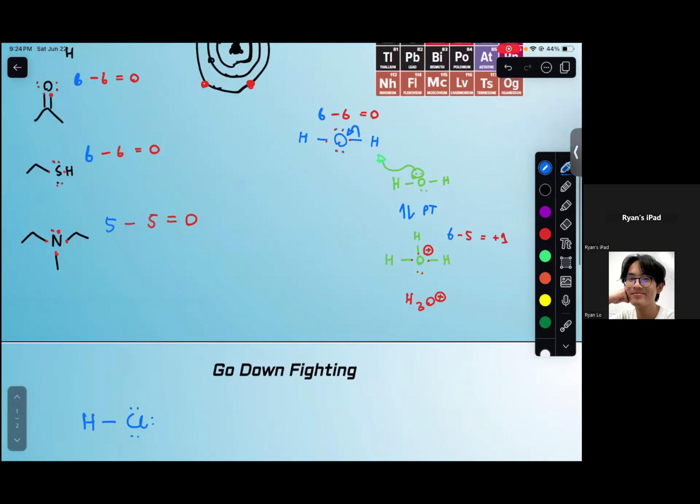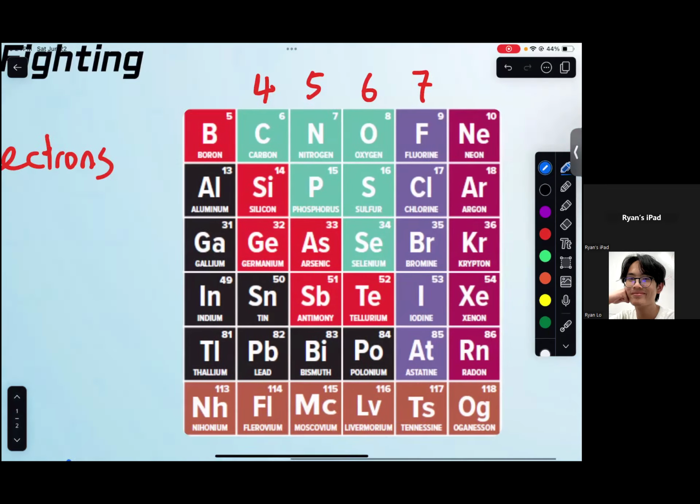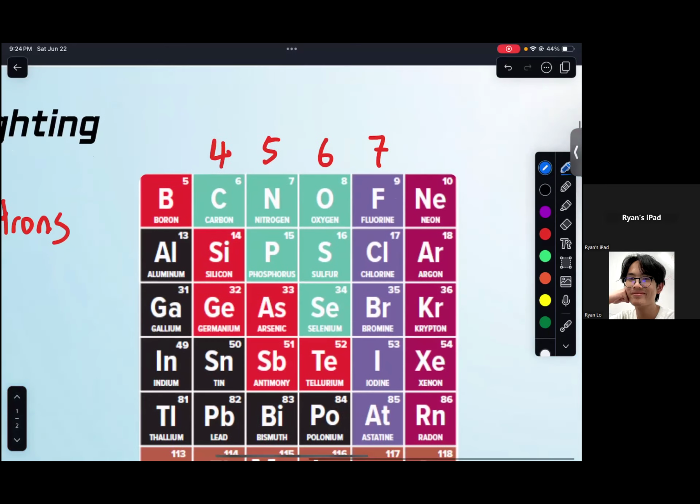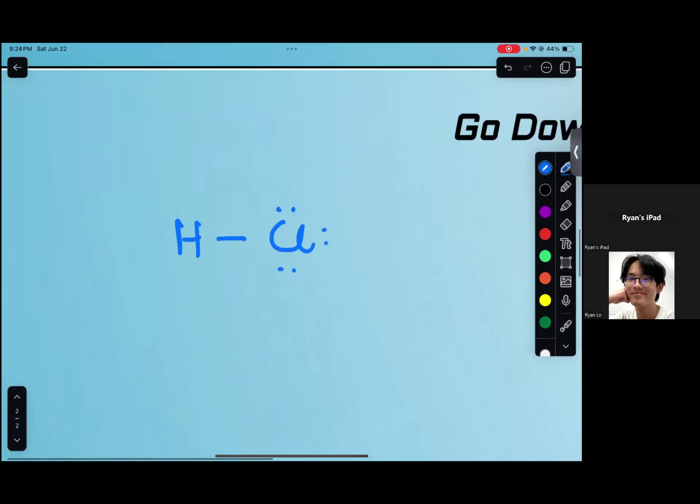Chlorine is in the same column as fluorine, which means it has 7 valence electrons. So we'll start off at 7. And let's count: 1, 2, 3, 4, 5, 6, 7. Easy enough. 7 minus 7 equals 0. So no charge just yet.